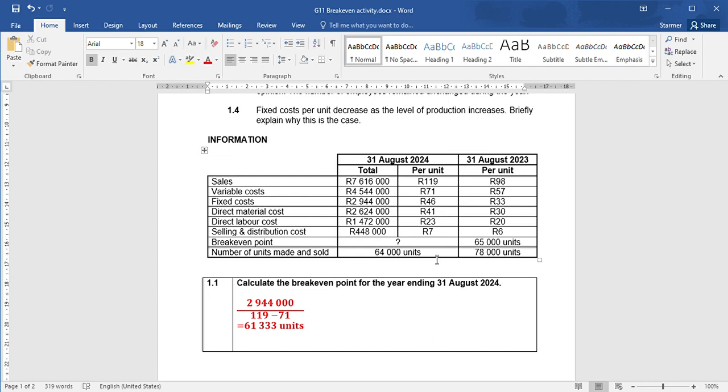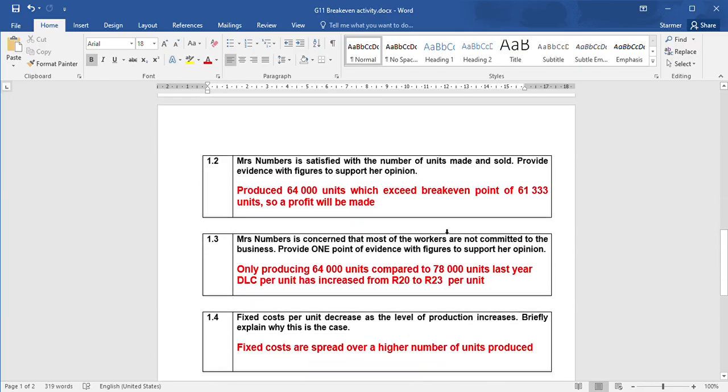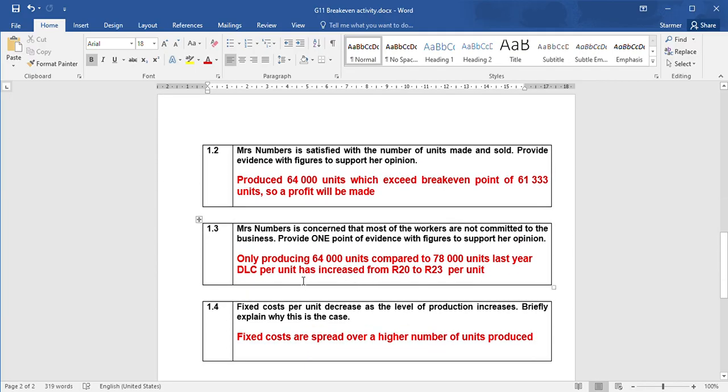If you also look here at your direct labor cost per unit, that has actually increased as well. So you're producing fewer units and your labor cost per unit is increasing. So that is why she's concerned. Only producing 64,000 units instead of 78,000 last year, and your direct labor cost per unit has increased. You must quote these actual figures here.